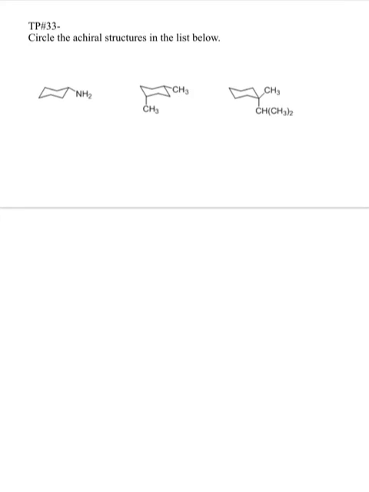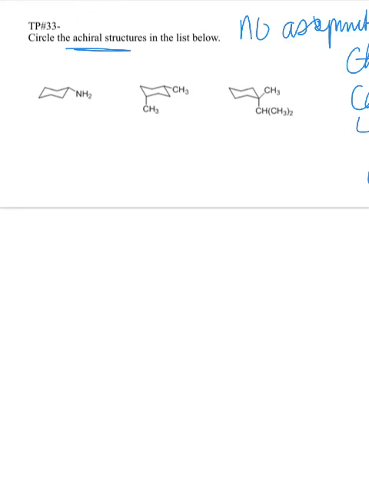Okay, circle the achiral structures in the list below. Well, achiral means it has no asymmetric carbon. If you remember in Chapter 5, an asymmetric carbon is connected to 4 different things, 4 different groups.